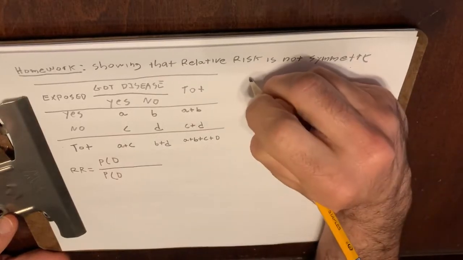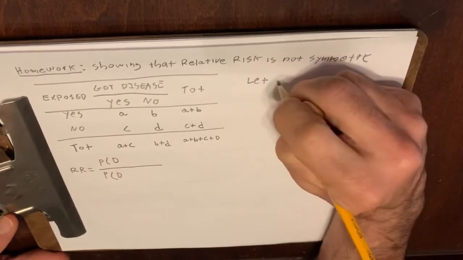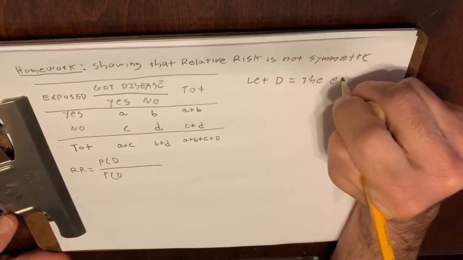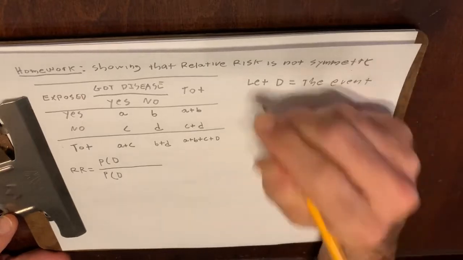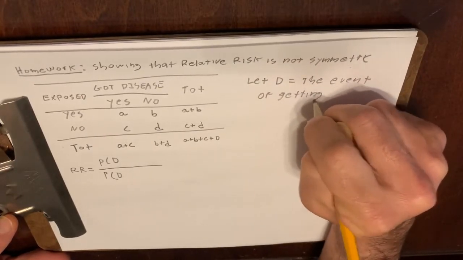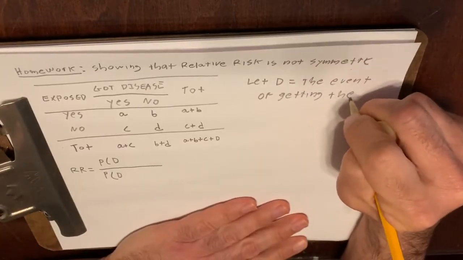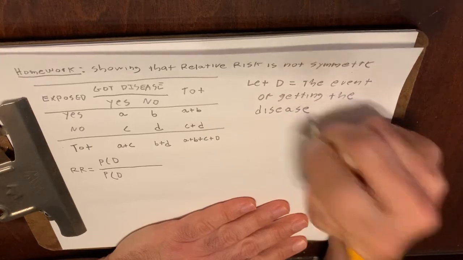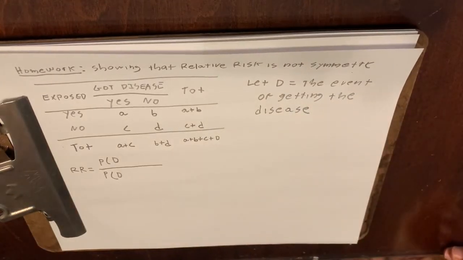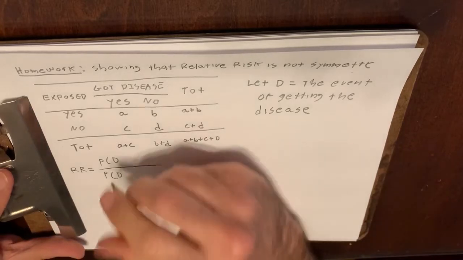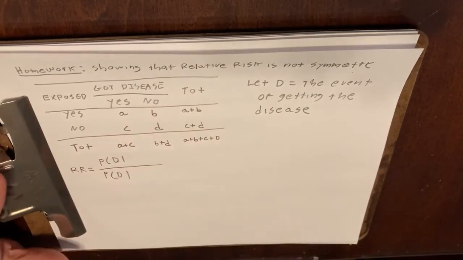And I'll just write over here, let D equal the event of getting the disease. And of course, E is the event of being exposed. So we're going to make it as easy as possible with symbols just to save us a little bit of writing.